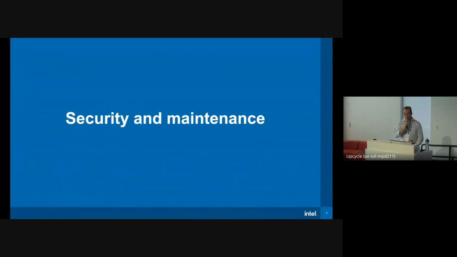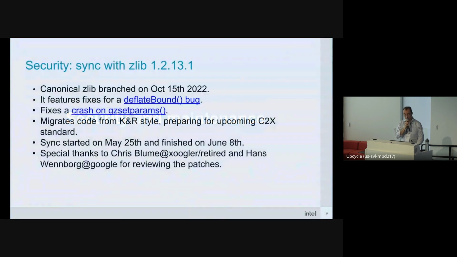Right, let's talk about security maintenance first, because security matters. We completed last May the sync with zlib 1.2.13.1, that featured 2 important bug fixes, one for deflate bound and another fix for a crash on gzset params.